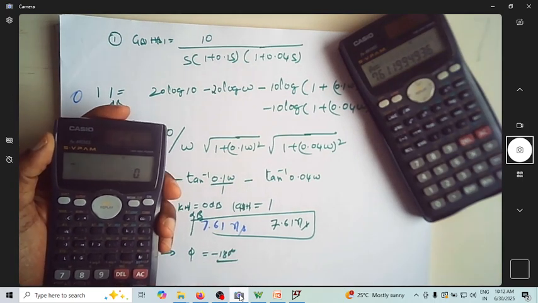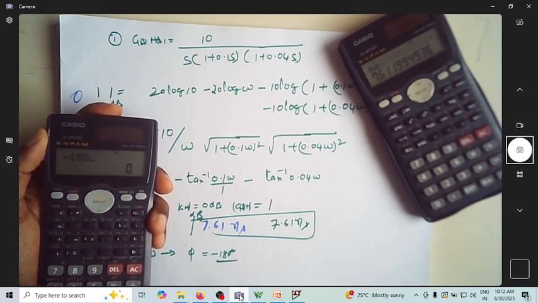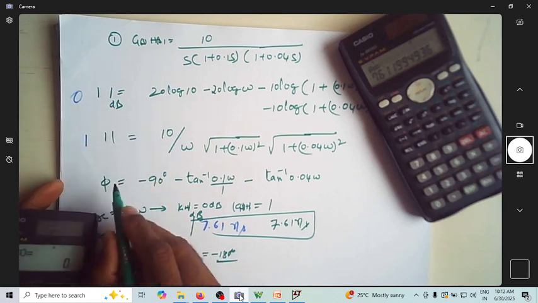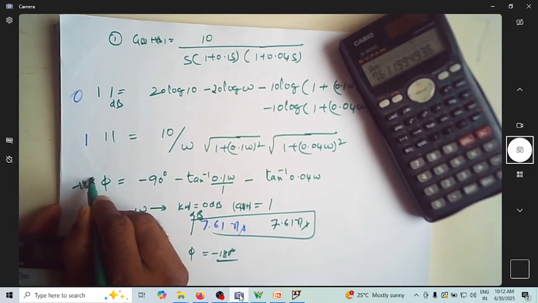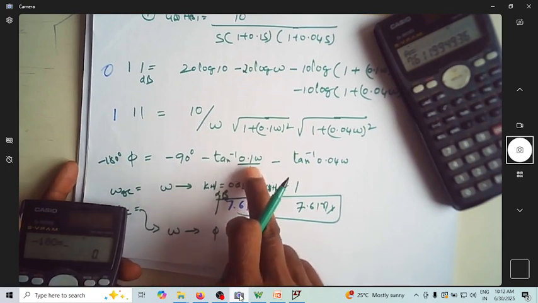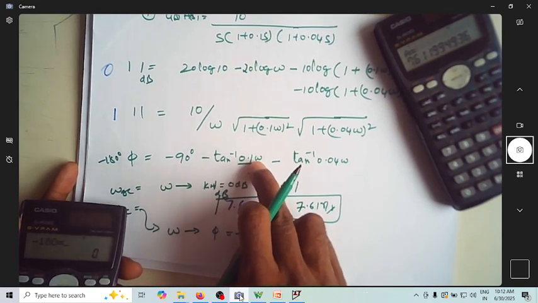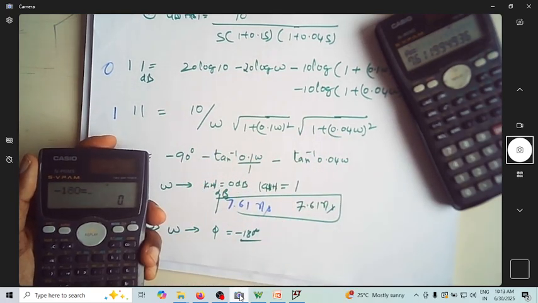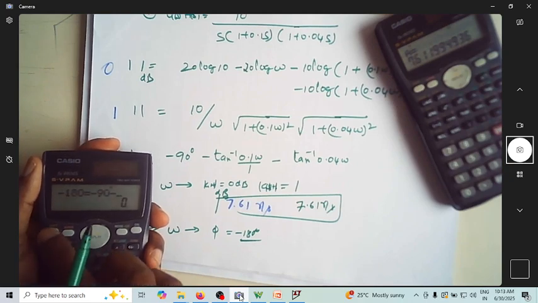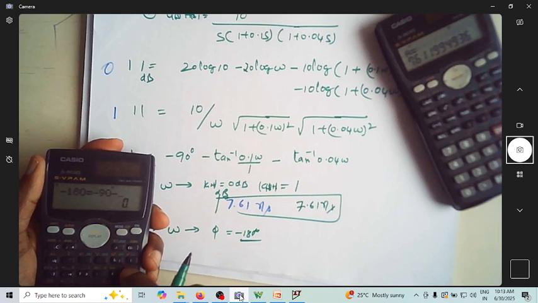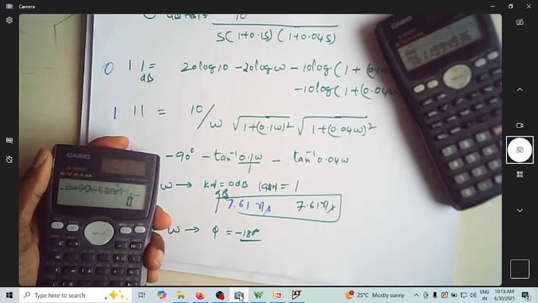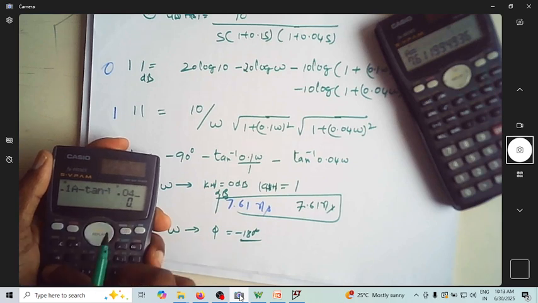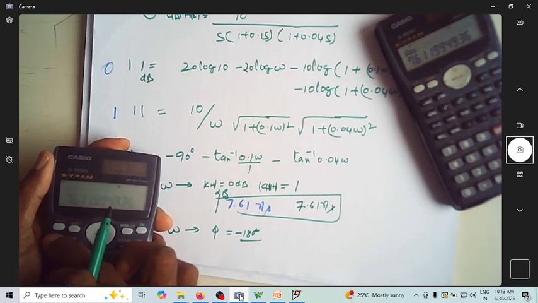So I'm equating this to minus 180 degree: minus 180 degree equals minus 90 minus tan inverse of 0.1 alpha a minus tan inverse of 0.04 alpha a. Shift L.